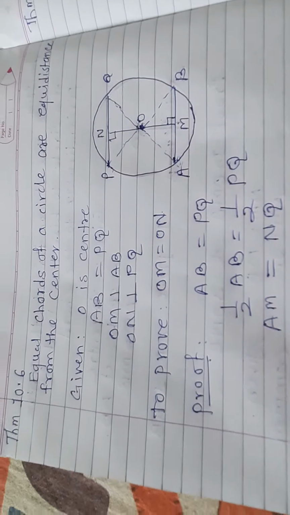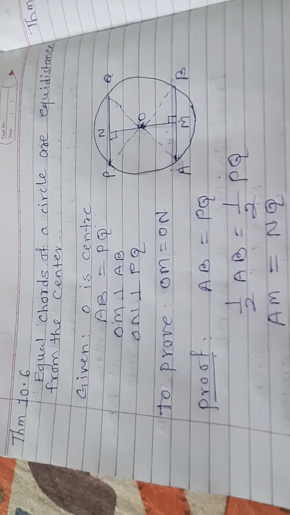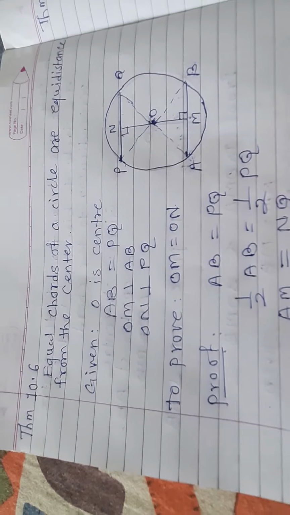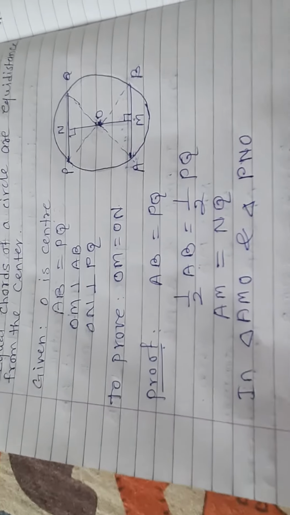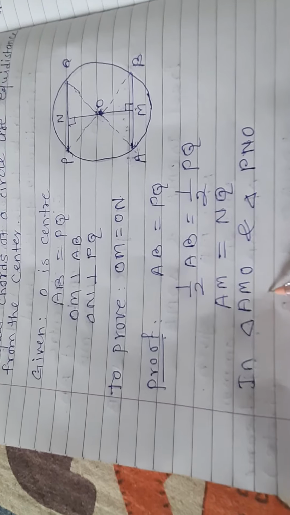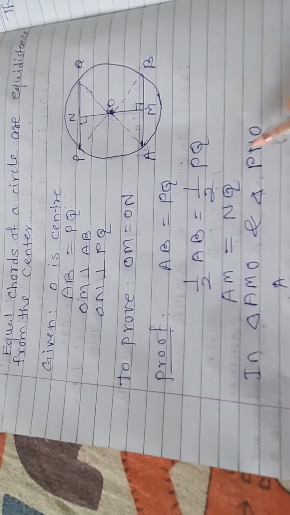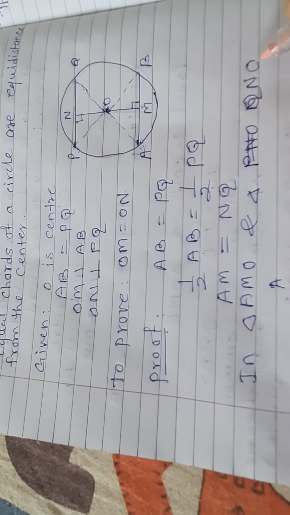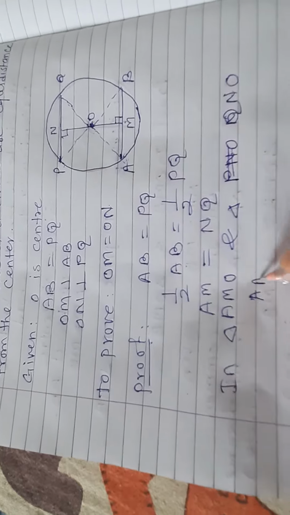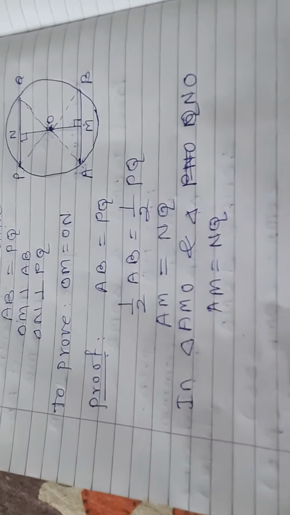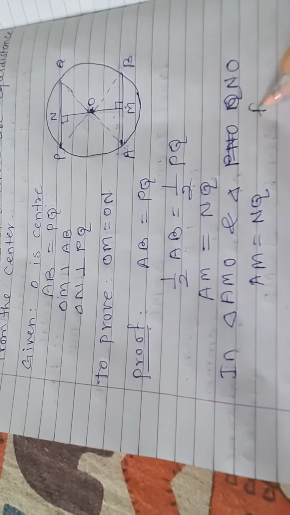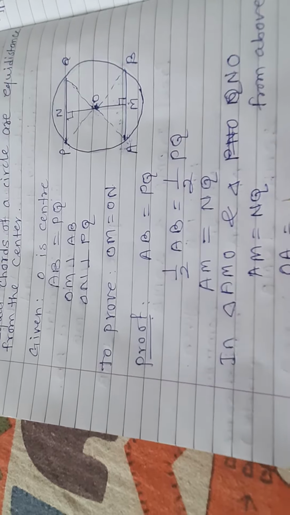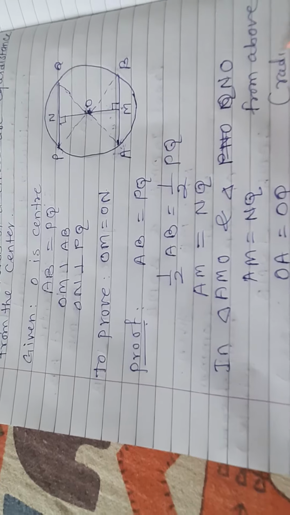In triangle AMO and triangle PNO, now firstly we consider triangle QNO. Now AM is equal to NQ, which you have just proved from above. Next OA is equal to OQ, radii of same circle.